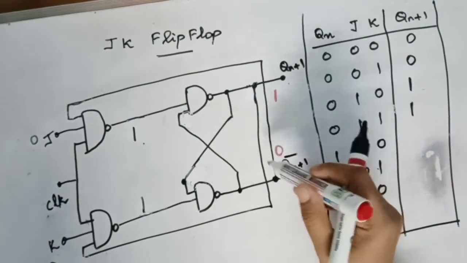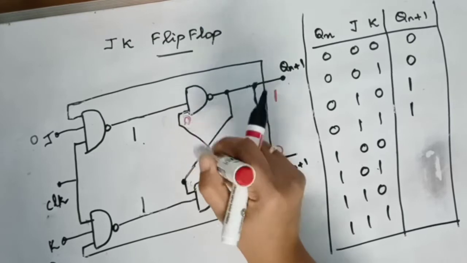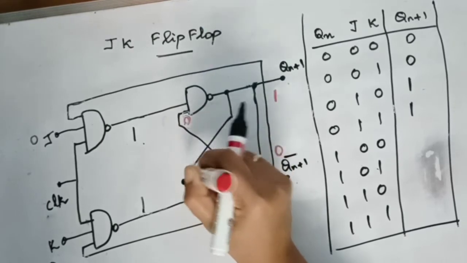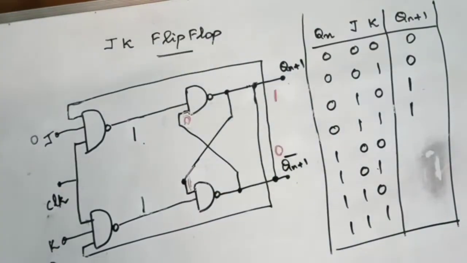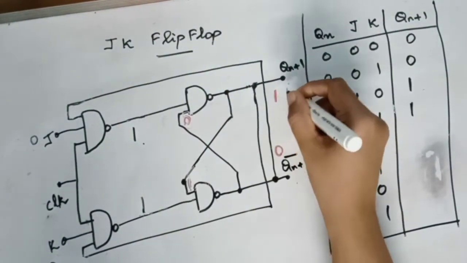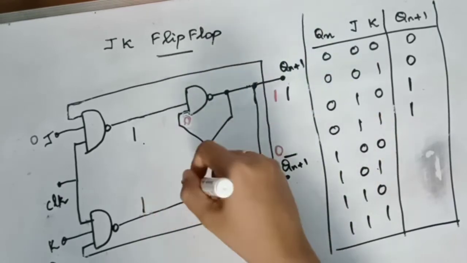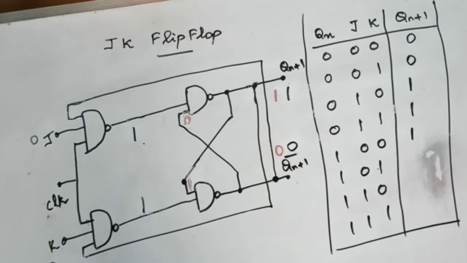So this 0 goes here and this 1 goes here, 1 goes here. So 1 NAND 0 is 1 and 1 NAND 1 is 0. So it is remaining at 1 itself.